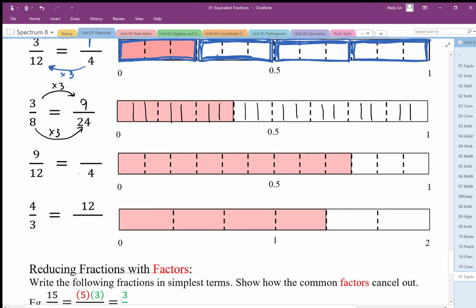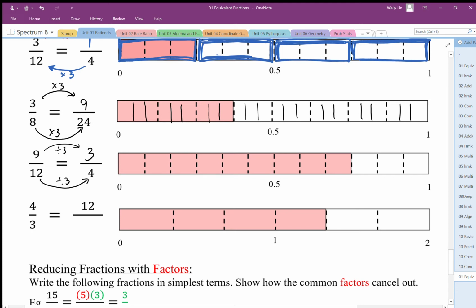Here I want to reduce the fraction 9/12. So I have 1, 2, 3, 4, 5, 6, 7, 8, 9 out of 12 pieces in the whole. And I'm going to divide by 3, and I'm going to divide by 3 here.